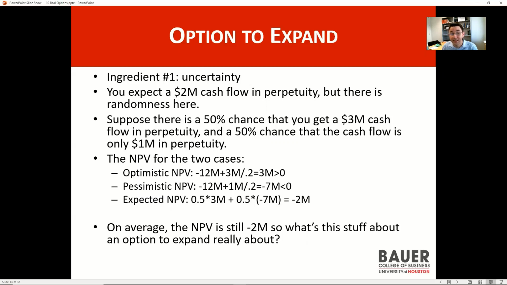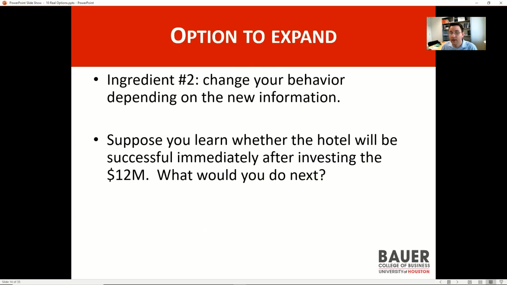Well, we need to think about the second ingredient for any real option. First ingredient is uncertainty. We've worked through that. Well, the second ingredient is that you have to change your actions depending on how things end up. Okay, so let's introduce that. Suppose that you learn whether the thing will be successful immediately after putting in that initial 12 million.